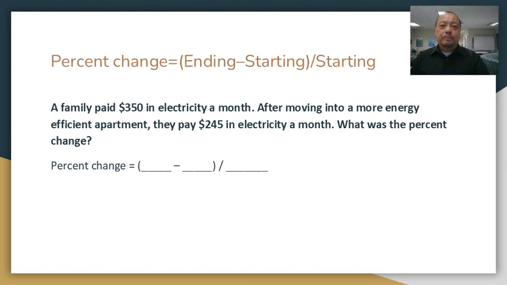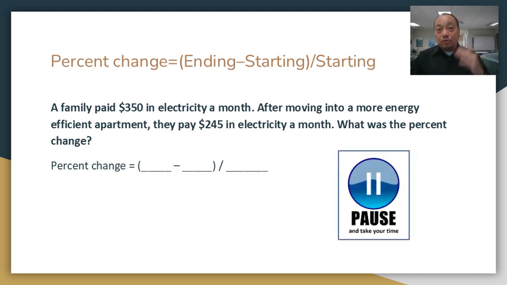Let's do an example. A family paid $350 in electricity a month. After moving into a more energy efficient apartment, they paid $245 in electricity a month. What was the percent change? There's the formula. Go ahead, press pause. Try this, then come back.